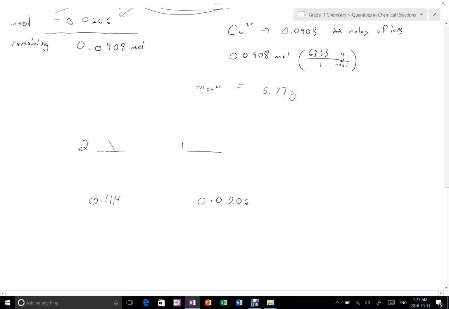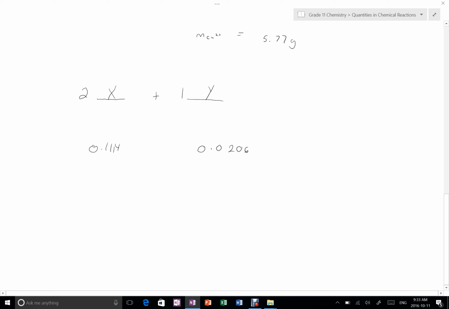So let's call these the x's and these the y's just to keep them straight. It's important to note that to figure out how much gets used, I still need to use my mole ratio.